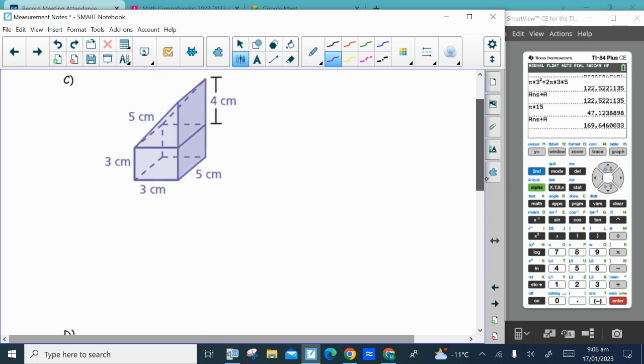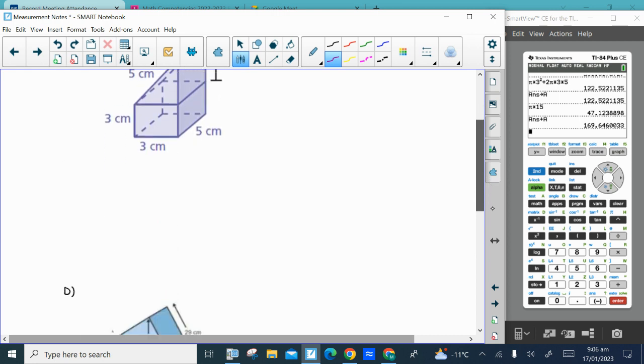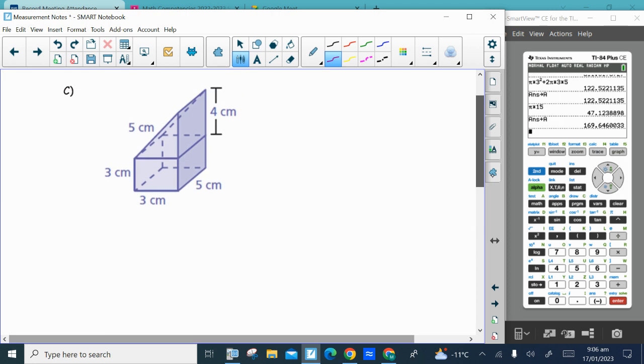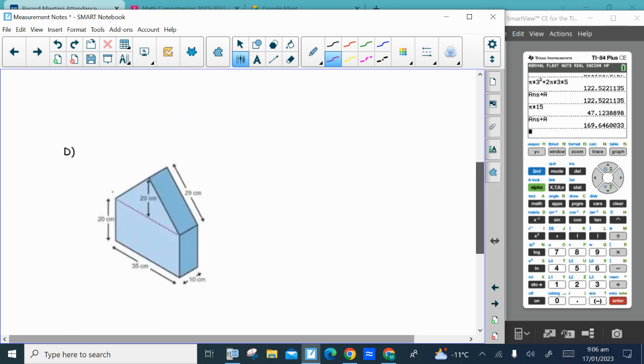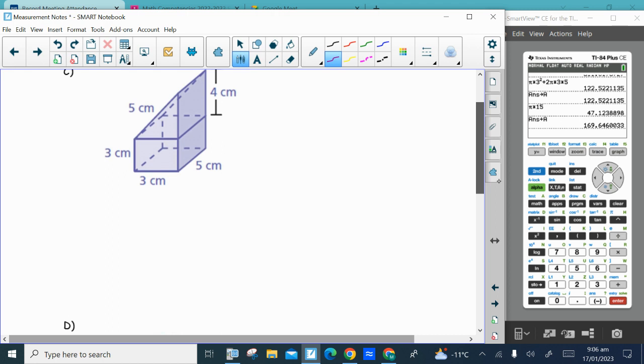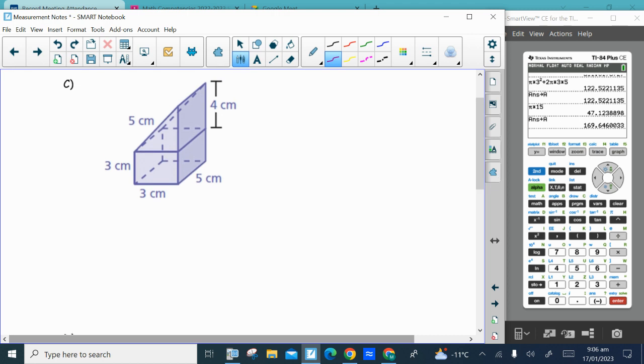So these next two shapes are very similar. They both have a box on the bottom, and they both have a prism on the top. So let's do question C first. So again, split this up.